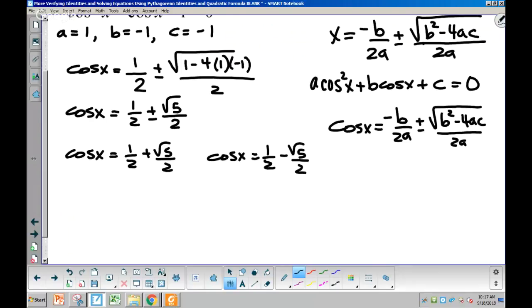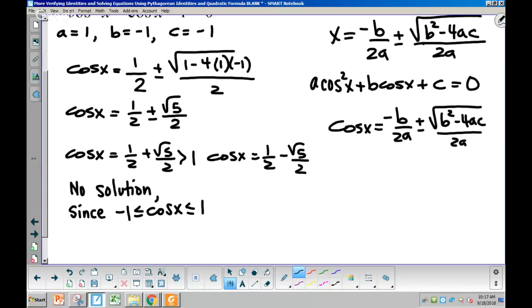So this is 1/2 plus 1, and that's greater than 1. Now, what do we know about the cosine function? It can't be greater than 1, right, it can't be bigger than 1 for sure. So I know that this one has no solution. This can never be, since the cosine of x has to lie between -1 and 1 inclusively.